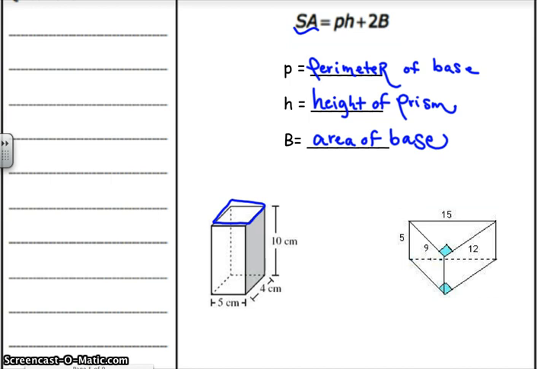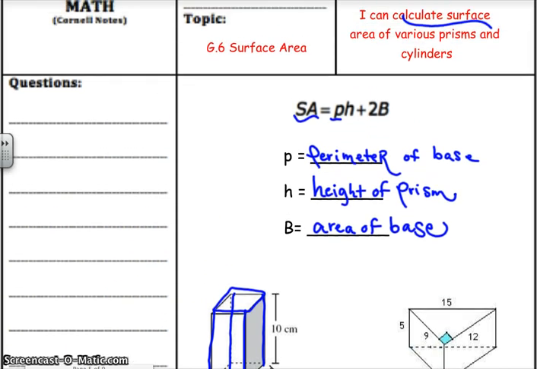So our formula says the surface area is our perimeter, like I outlined in blue, times our height. So all that's doing, if I go the perimeter times the height, notice what I'm really finding is those front faces. Those front faces are known as the lateral area. So this right here, perimeter times height, we call it LA, which equals lateral area.